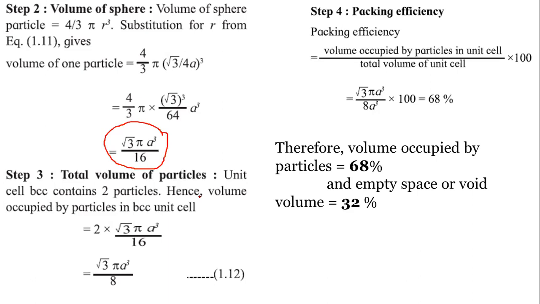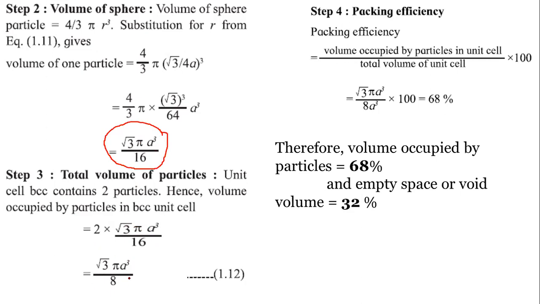We already discussed how these two particles are formed. So the volume of one sphere has to be multiplied by 2. We will get root 3 pi a cube divided by 8.